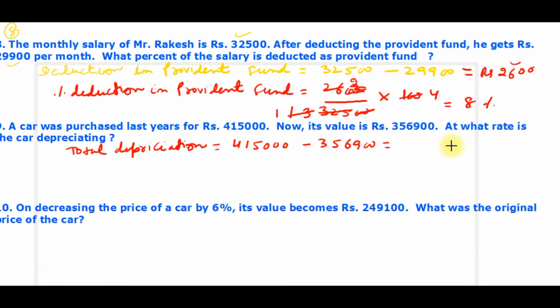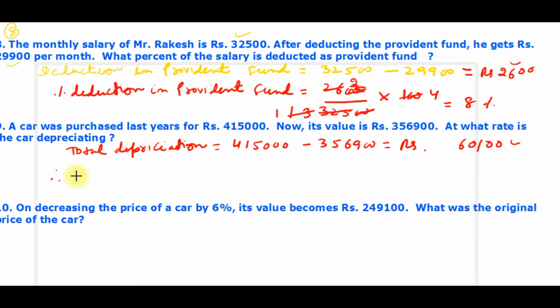So rupees 00, 10 minus 9 is 1, 5 minus 5 is 0, 5 plus 6 is 11. So this is the depreciated value.